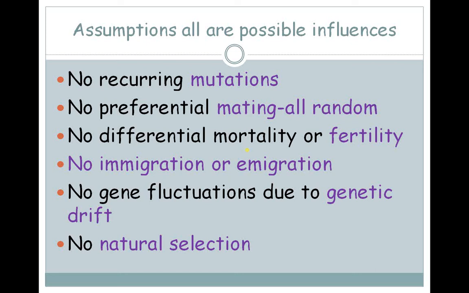So that's why we term it the null hypothesis, because we know that this probably isn't occurring. We know that mutations are constantly happening, and therefore all of the population should be changing. But in order to show that happened, we assume that they're not.